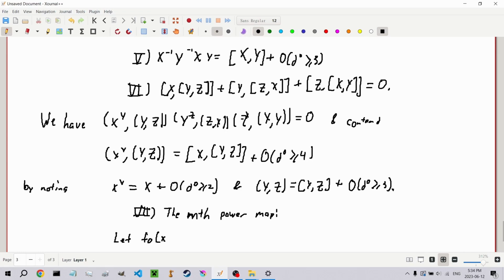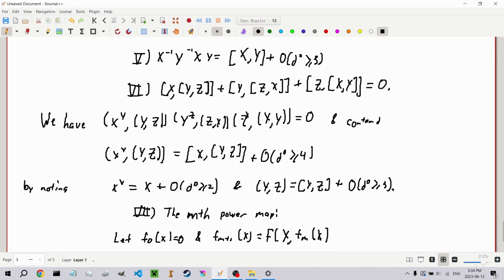Let f0 of x be 0 and f of m plus 1 of x be our f of x on fm of x.